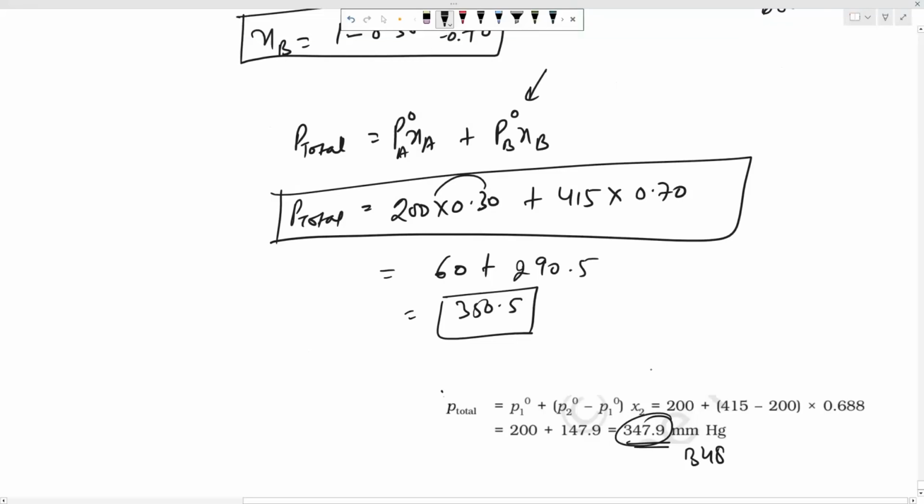When you write it as approximate, the teacher will give you the marks. Here it is calculating to 3 decimal places. It is not taking 0.70; we just assume that it is 0.70. It is 0.688. Got it? Yes, sir.